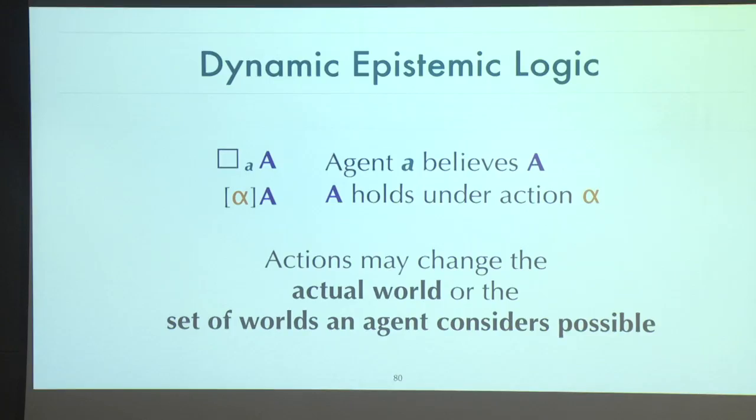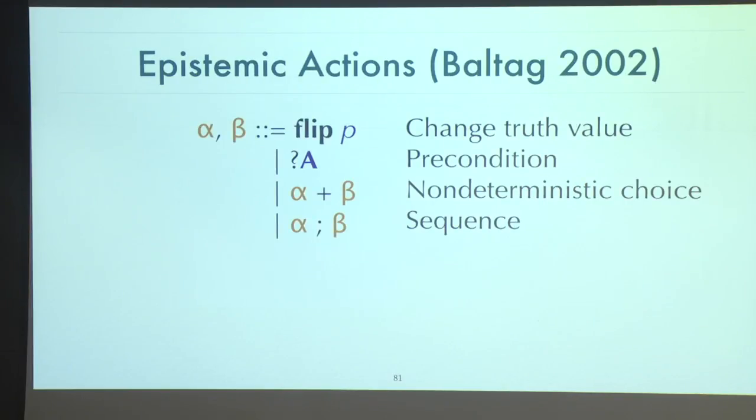So we also have actions alpha and a modality describing when a statement holds under these actions. This is a form of dynamic logic as well as a form of epistemic logic. These actions are things that may change the actual underlying world, as well as changing the knowledge state, i.e. changing the set of worlds that an agent considers possible.